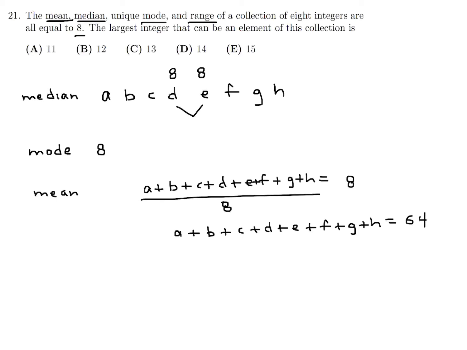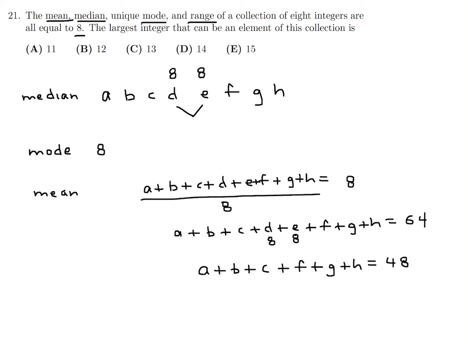So we know based on our labeling that D and E are 8, right? This one is 8 and that is 8. So I can take those out and just look at the other integers. So if I take out 8 and 8, the sum we are left with is 48. Okay? And at this point, we have to experiment.